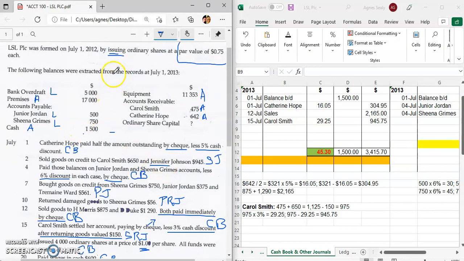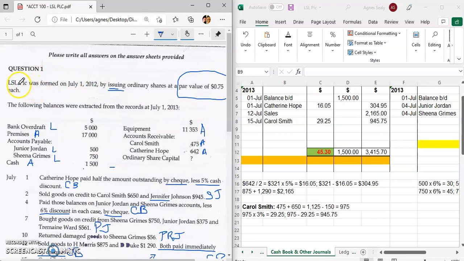But we must go back to the beginning of the question, where it stated that LSL Plc was formed on July 1st, 2012, by issuing ordinary shares at a par value of 75 cents. So the par value of the share is 75 cents.